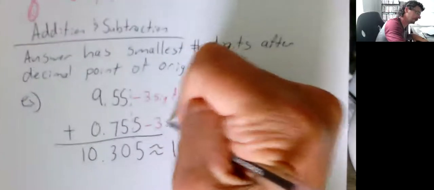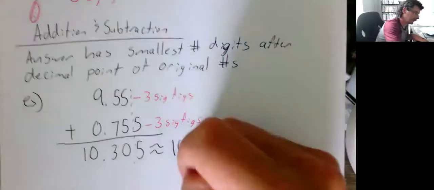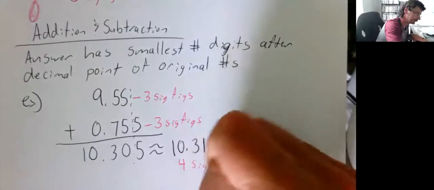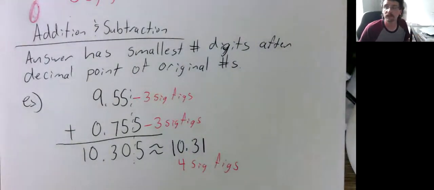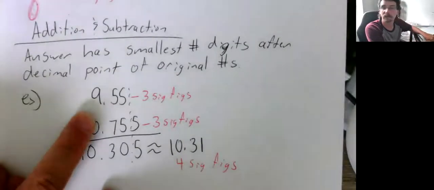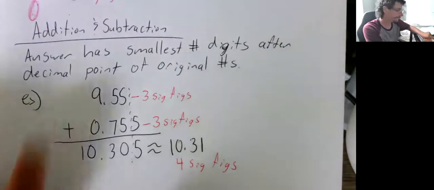The second number also has 3 sig figs. But our result has 4 sig figs. So with addition and subtraction, you can even move up or move down in terms of the number of significant digits. You really have to pay attention to how many decimal points you have past this point.